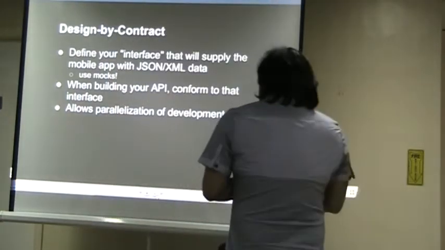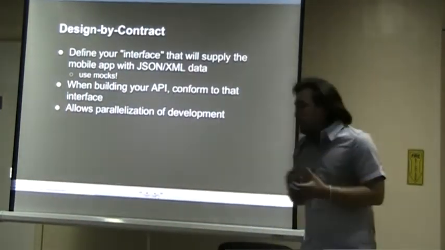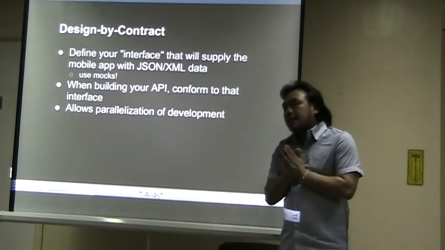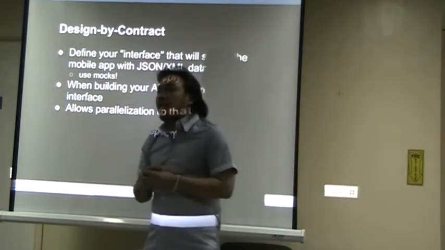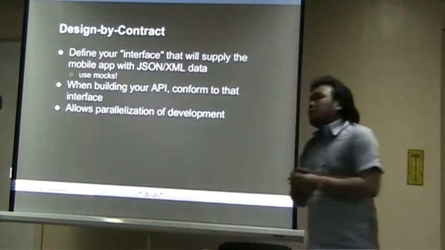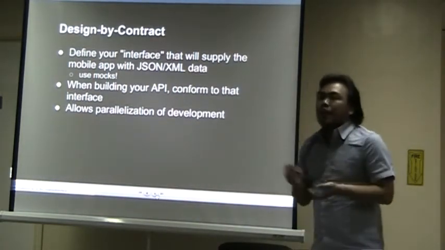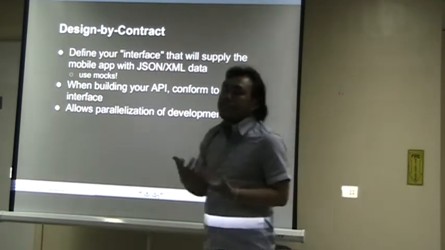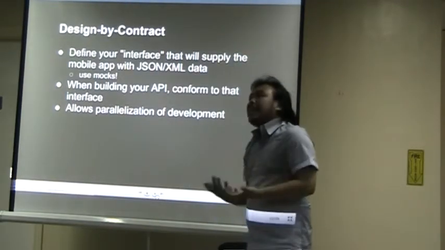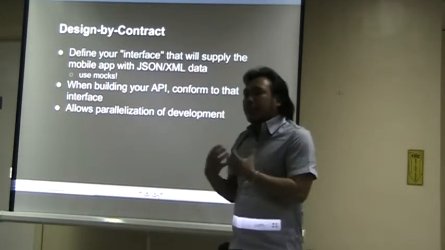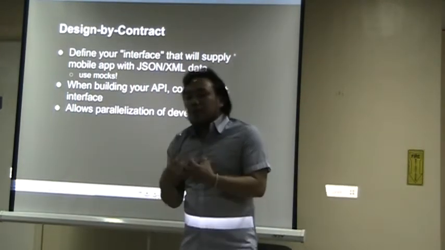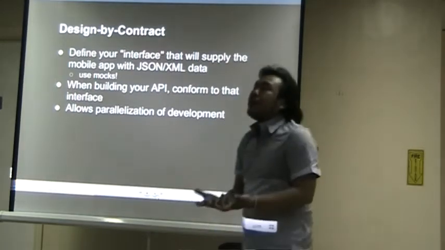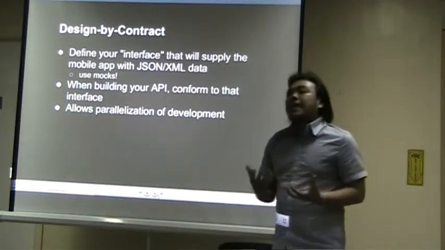So the technique that we used when we were planning out how to build our mobile app was to use a design by contract strategy, where we designed or planned exactly what the API would give to our mobile client so that the mobile client knows what to expect from the API, and we did this before building anything.